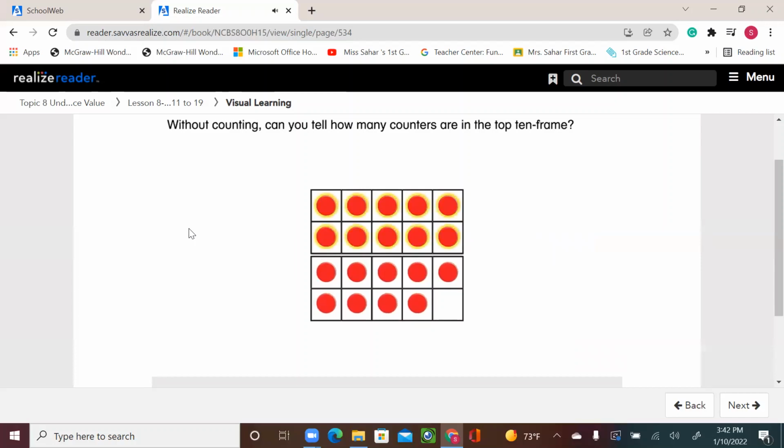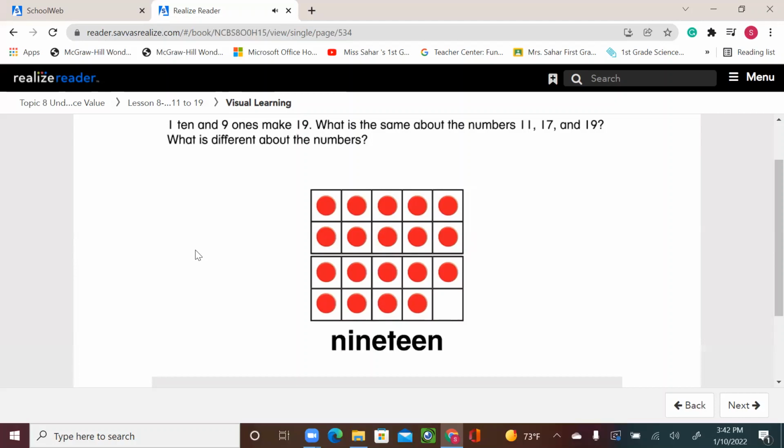Without counting, can you tell how many counters are in the top 10 frame? There are 10 counters. There are 9 counters in the bottom 10 frame. What number is 1 ten and 9 ones? 1 ten and 9 ones make 19.